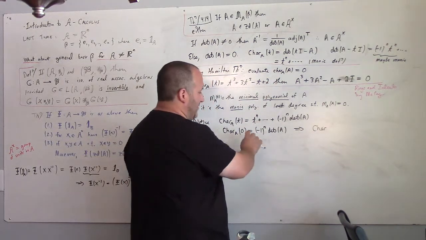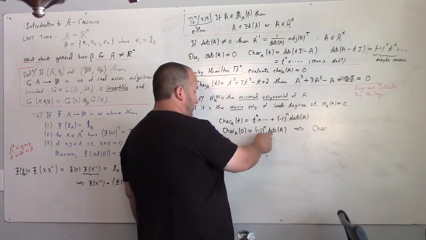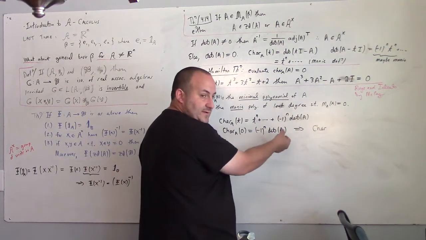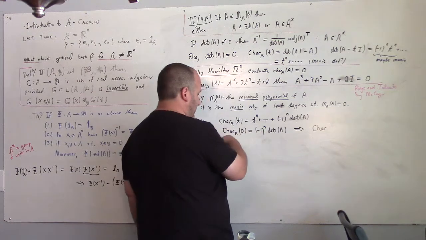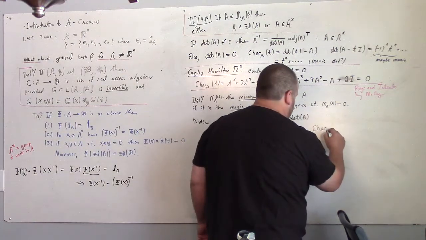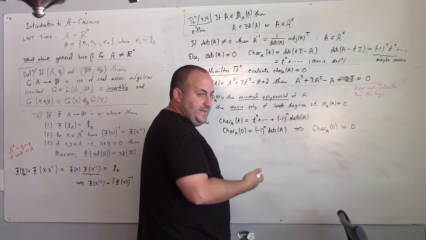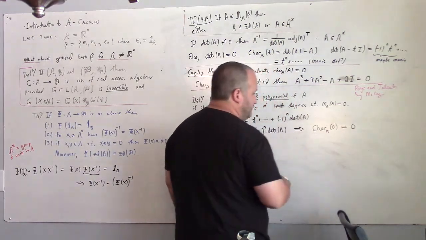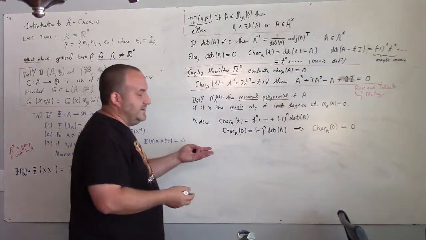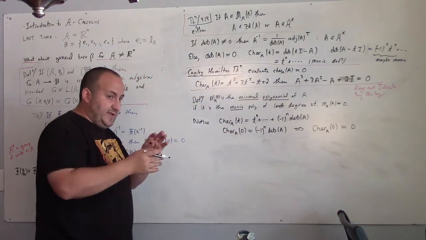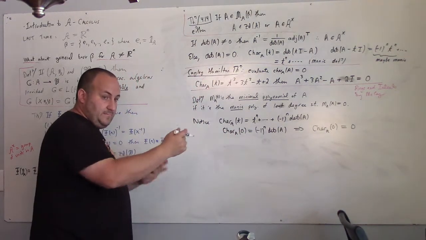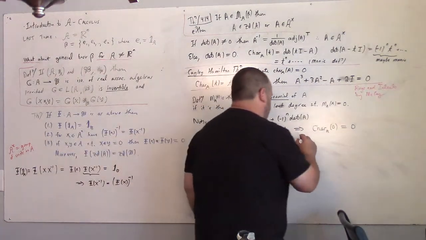I mean, it's either plus or minus 1, so this is plus or minus 1 times 0, which is 0. So the characteristic polynomial evaluated at 0 is 0. What that means, well, yes, the determinant is 0, but that means that the characteristic polynomial has no constant term.